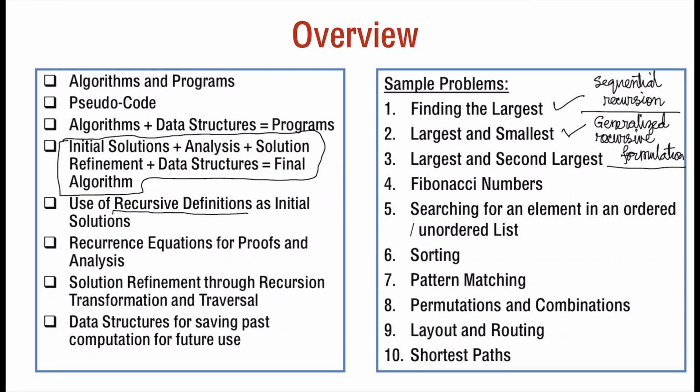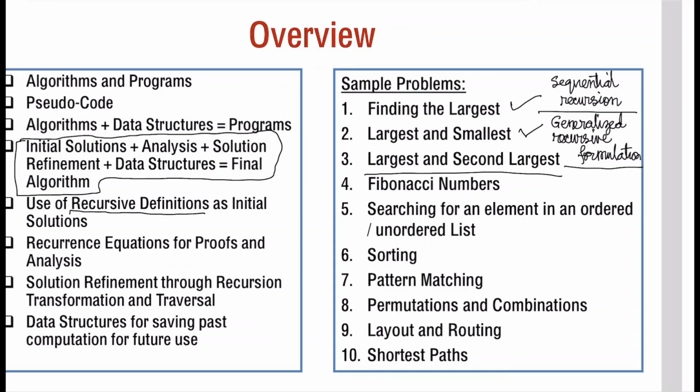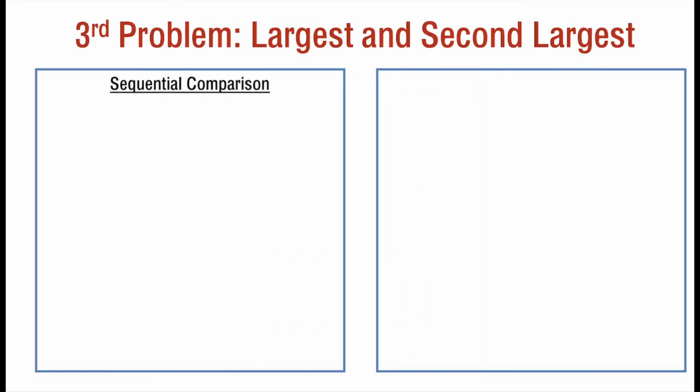Today, we shall start with the third problem in this category, which is to find the largest and second largest. So, our problem is to find the largest and the second largest of a set of integers.